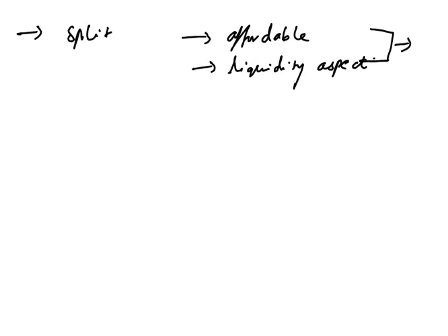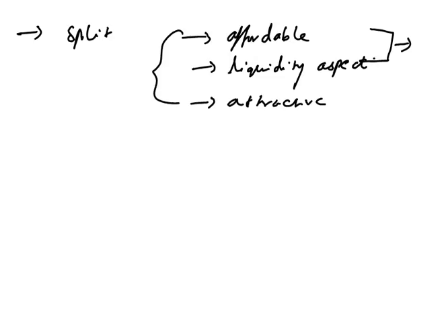And one more thing is that splitting the stock brings the share price down to a more attractive level. So these are the three main reasons why the company is doing a stock split.